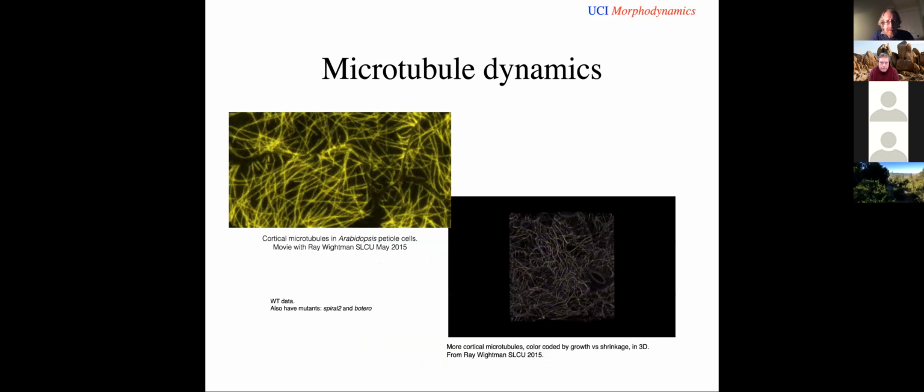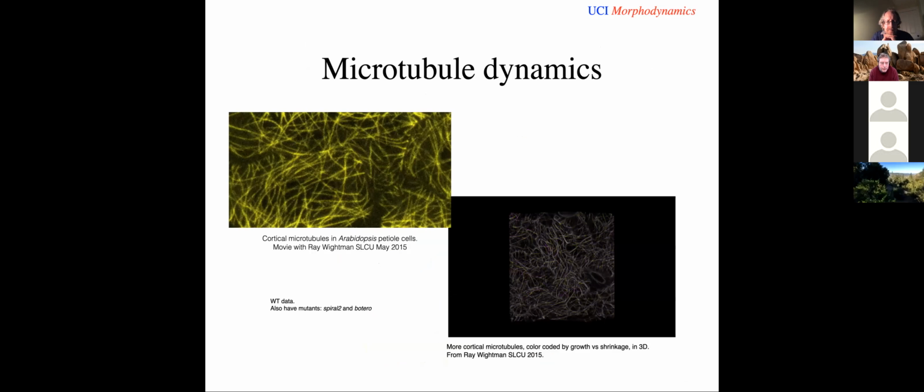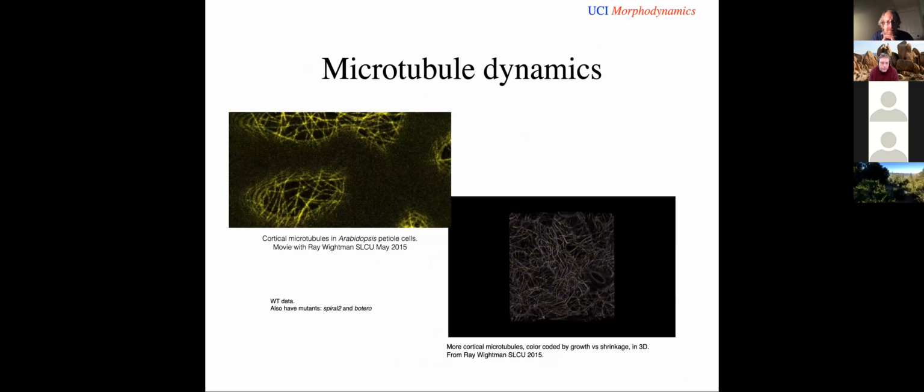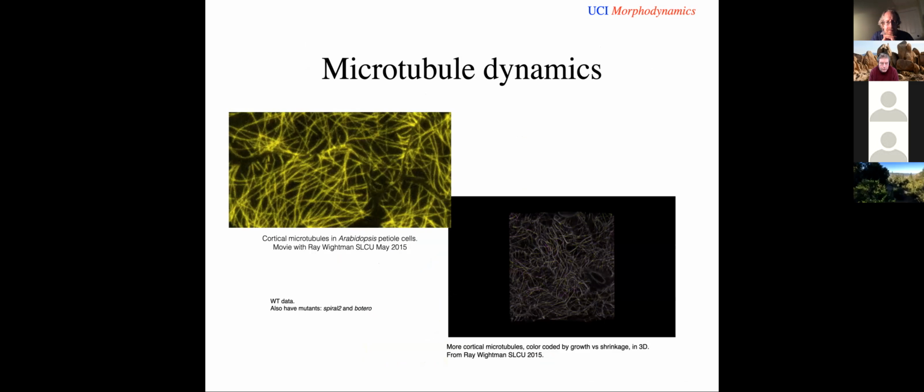And here's a confocal laser scanning microscope movie taken over a half hour showing the treadmilling and the joining and so on that these microtubules do. I'll just show that again.